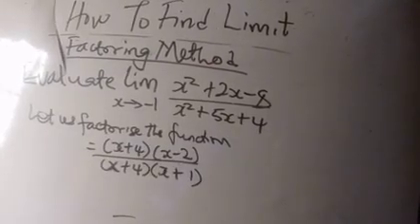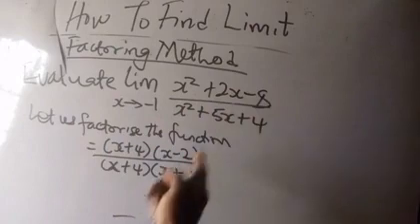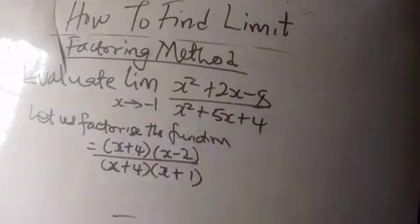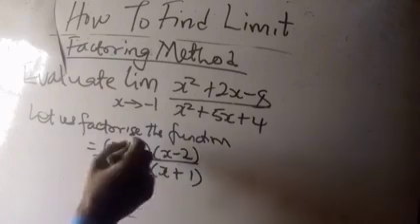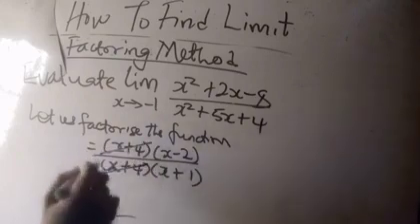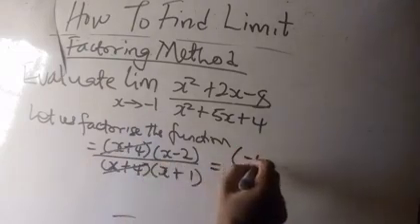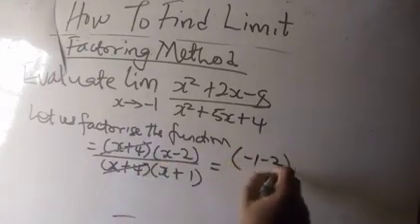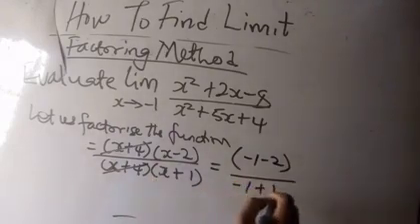So to be sure that this function does not have a limit, let us factorize the numerator and the denominator and substitute the value of minus 1. So this is crossed out. We now have x minus 1 minus 2 divided by x minus 1 plus 1.